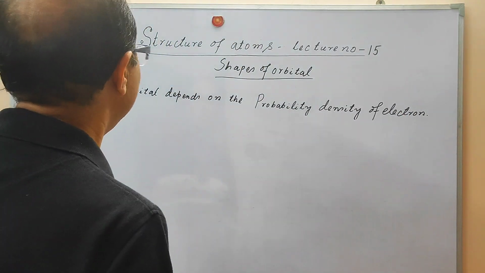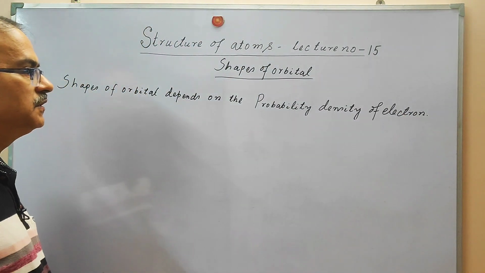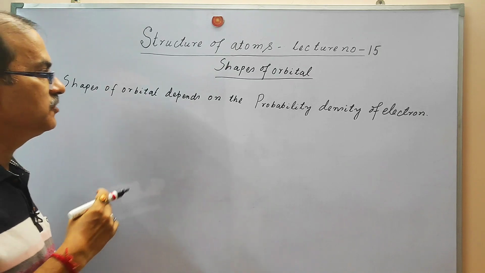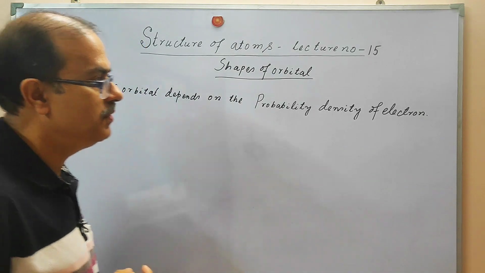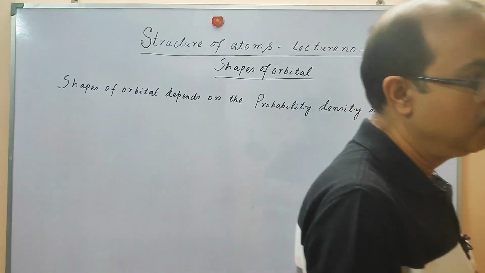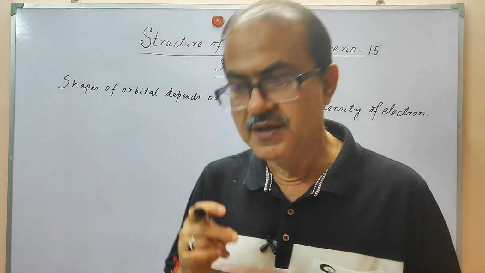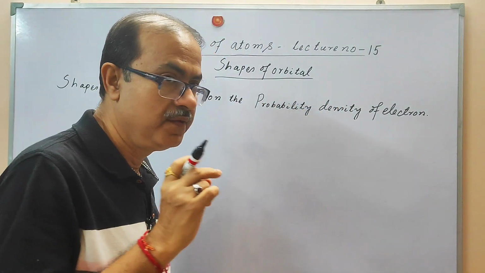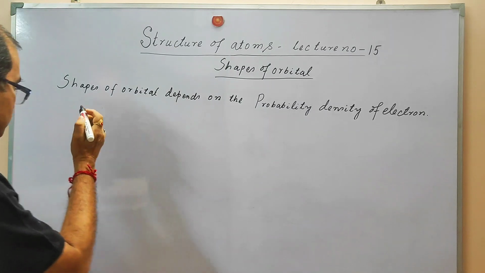Now, the shape of the orbital depends on the probability density of the electron. The probability density of the electron depends on the wave function.